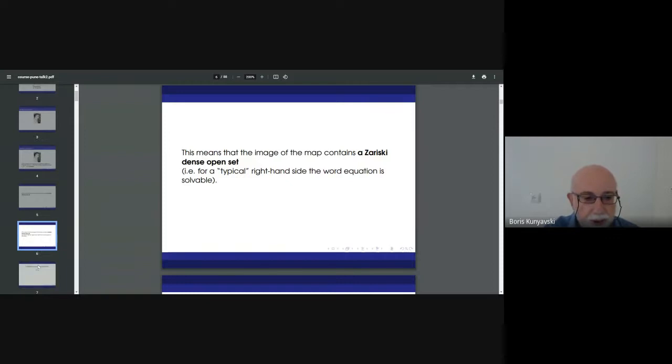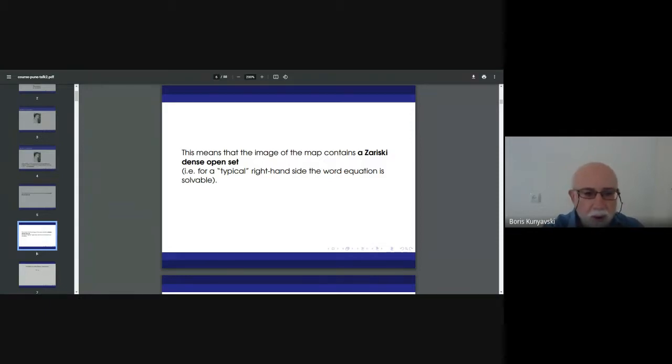This means that the image of the map, which corresponds to our word, contains a Zariski dense open set. So informally, for a typical right-hand side, whatever this means, the word equation is solvable. So it's the main conceptual result in the theory of word maps.